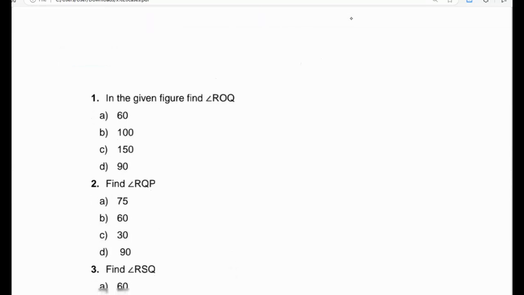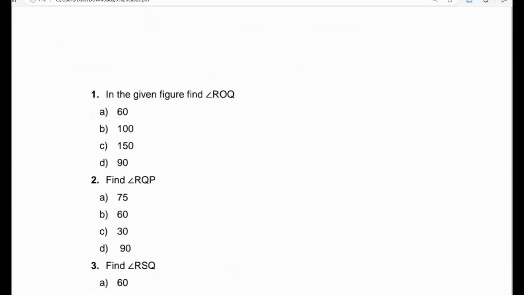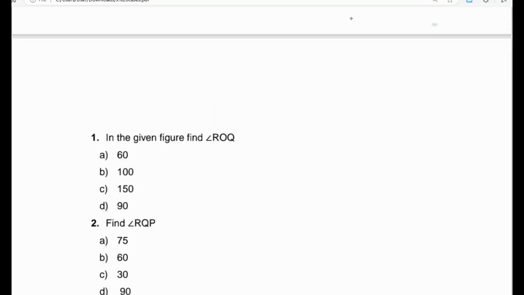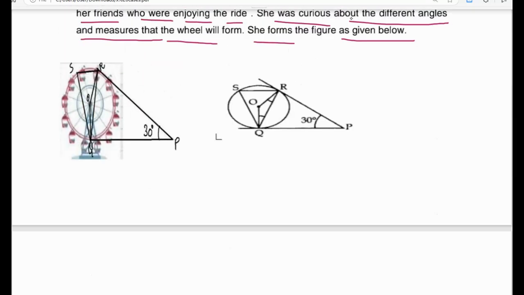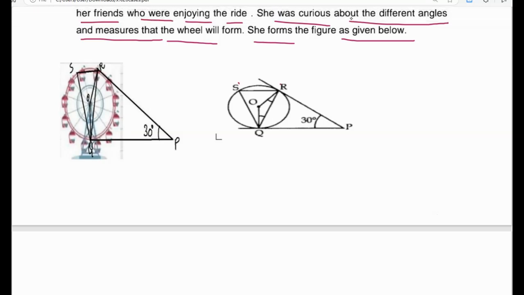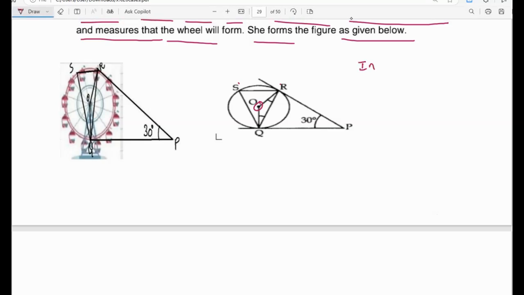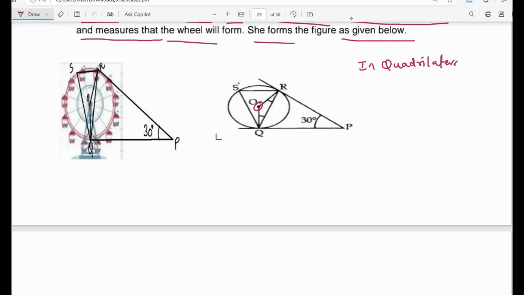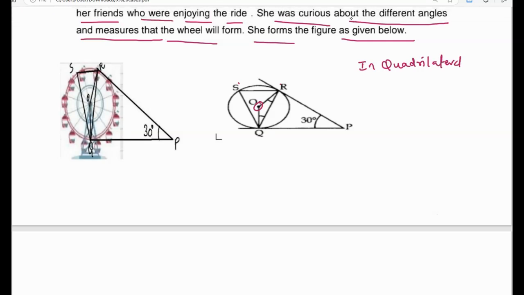You have, in the given figure, find ROQ. So here, what is ROQ? We have to find ROQ, the central angle. So here we have some formula for central angle, in a quadrilateral.